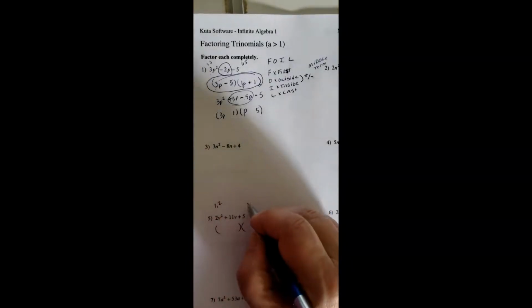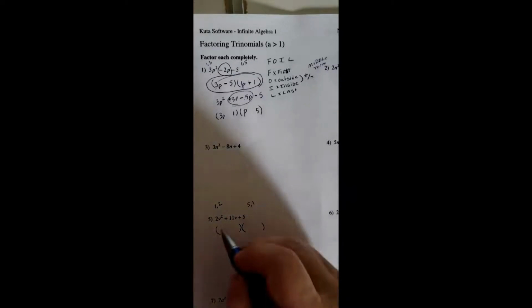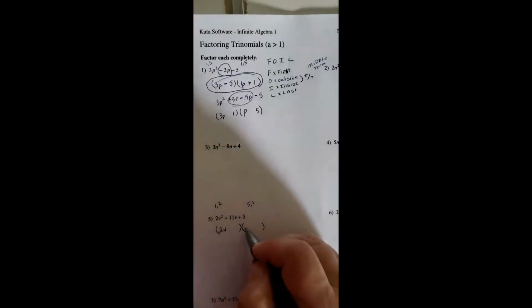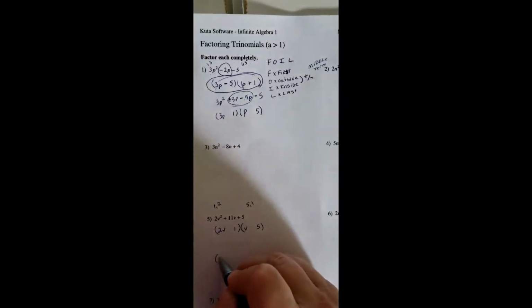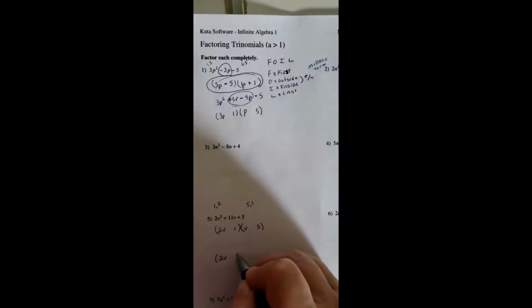Again, we got lucky, and the factors of 2 are just 2 and 1. The factors of 5 are just 1 and 5. So looking at the problem, I have basically only two options to see which one is going to work. And so we'll work on it.